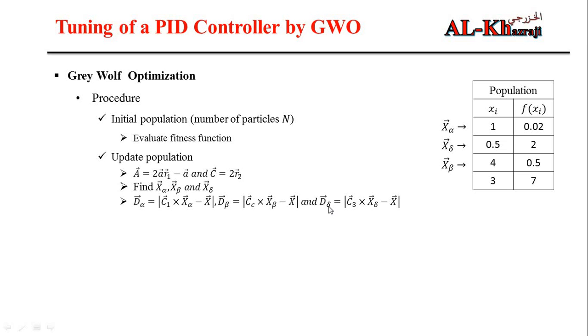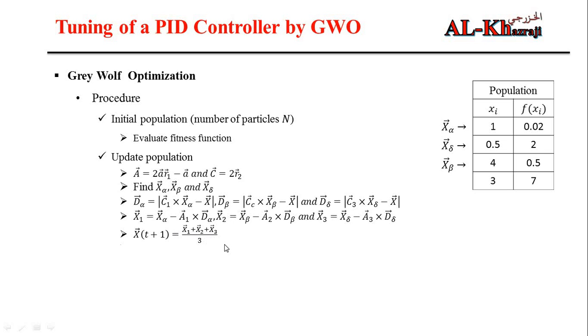After we find the D, we find x1, x2, and x3. So x1 is based on x alpha, A, and the D of alpha. x2 is x beta, minus A multiplied by the D of beta, and the same thing for x3. So if we have found x1, x2, and x3, the next position is just the average of these three x's, divided by 3.